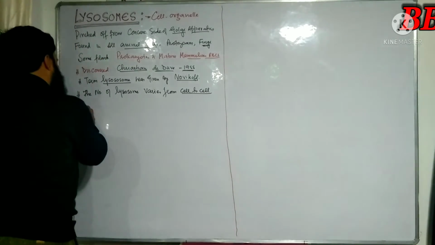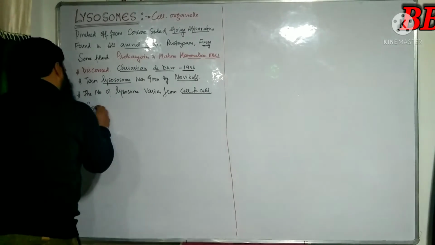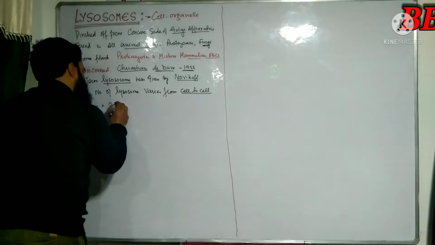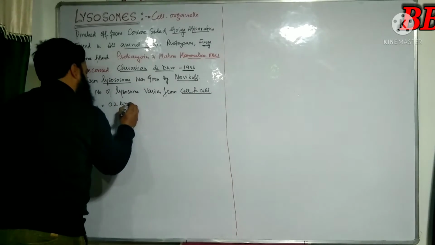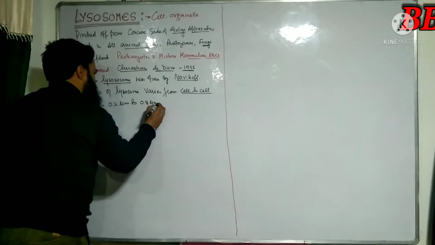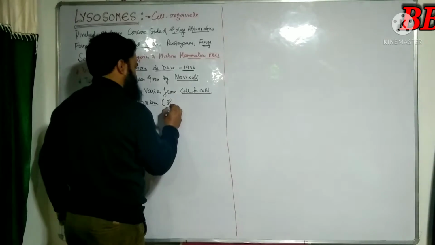As far as the size of the lysosome is concerned, it is usually found between 0.2 micrometer to 0.8 micrometer, and it is spherical in structure.